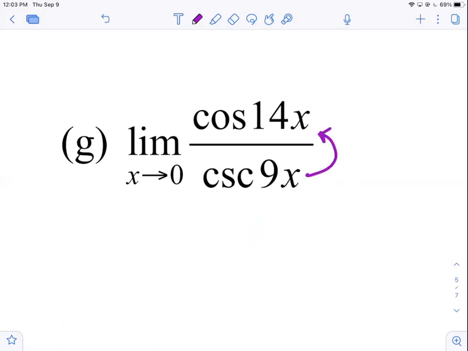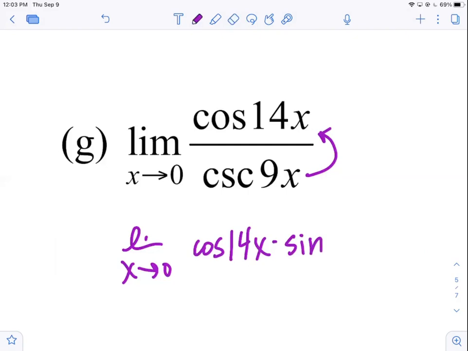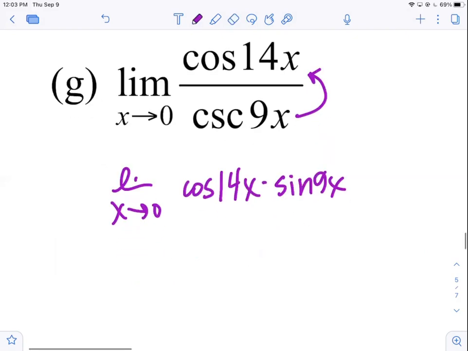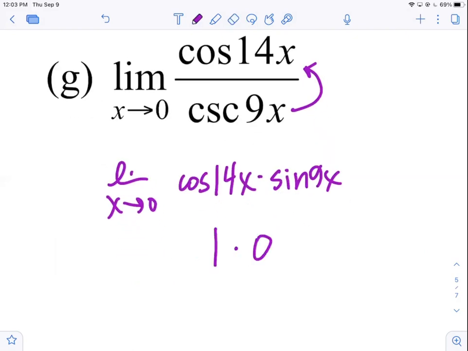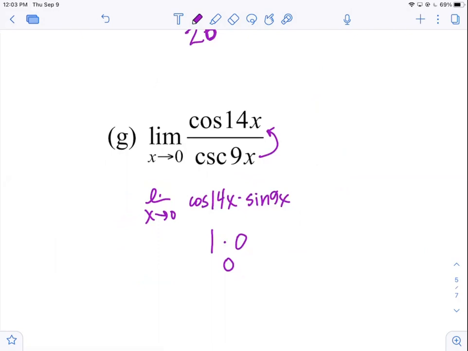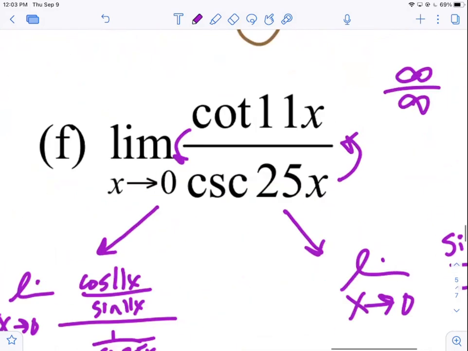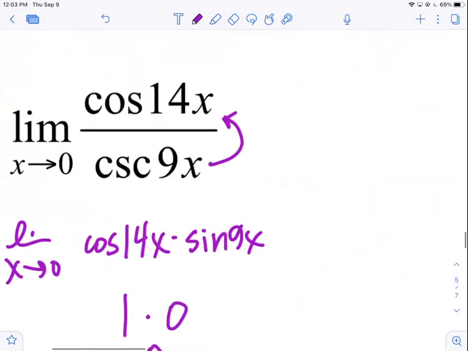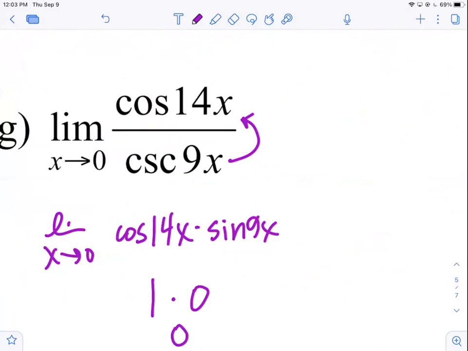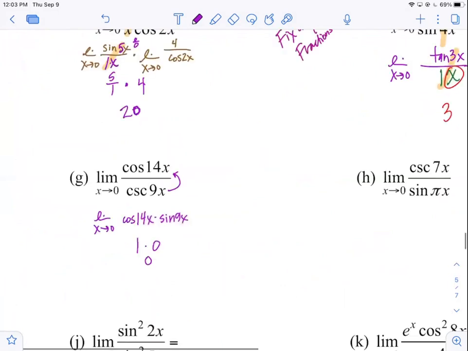But remember, you can bring that straight to the top in the next line without doing 1 over sine, because the cosecant in the bottom factor is the sine in the top. And now direct substitution gives you 1 times 0, which is 0. Yeah. There you go. So, nice. All right, so right on the heels of teaching you a new rule, I try to bait you into using overgeneralized stuff, and really, y'all didn't take the bait.